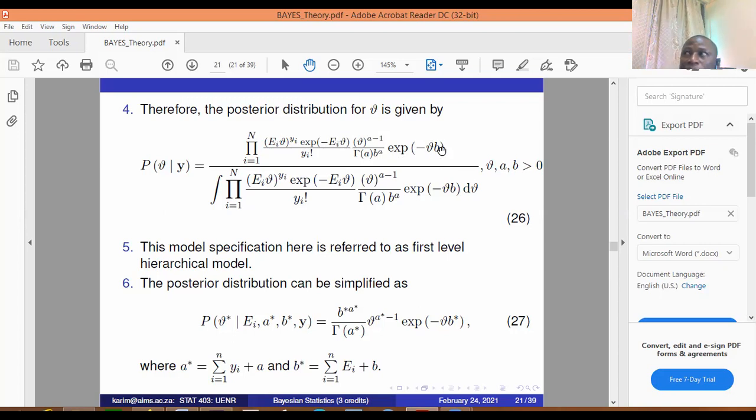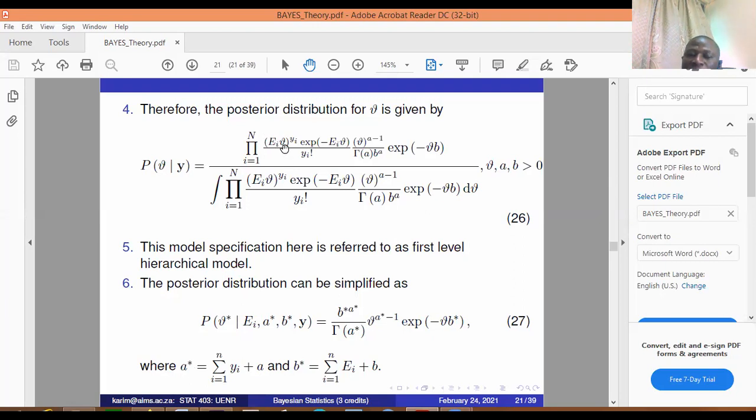That is exactly what you are going to have. So when you have that, you can simplify that down. What we are simply going to say is that we now have our B star and then A star. And we are saying that A star is the summation of the number of disease cases plus our A here, which is the same thing as what we have here.